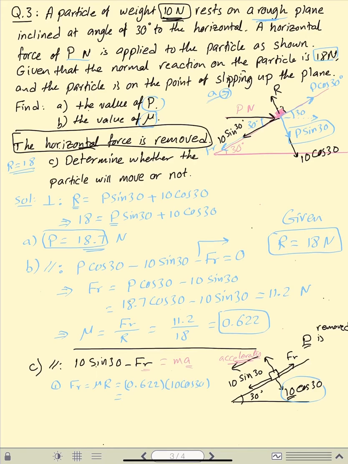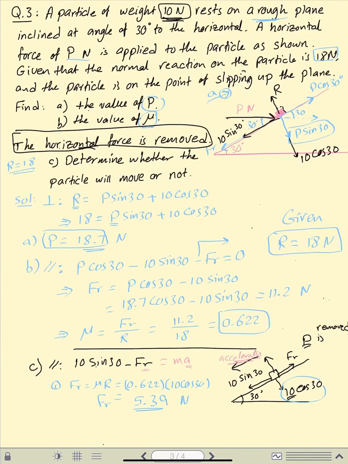So you have a new value of the reaction, and FR as well, which is 0.622 times 10 times cosine 30, which is 5.39 newtons to 3 significant figures. This is the magnitude of the friction force.